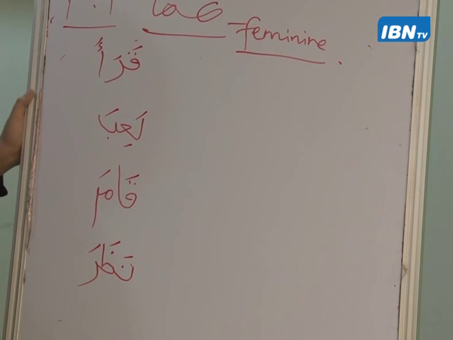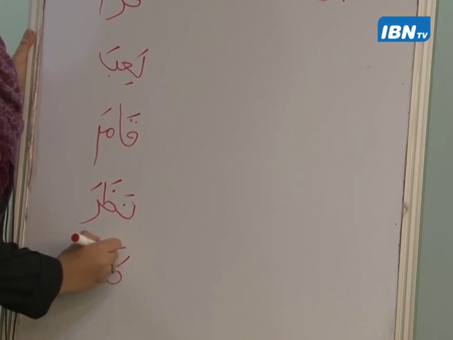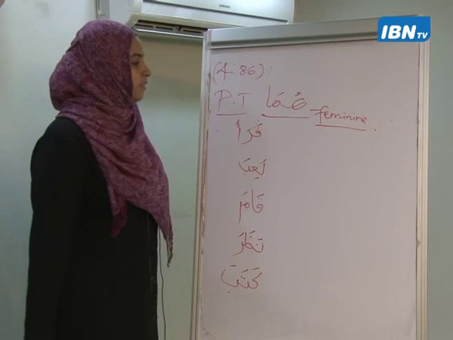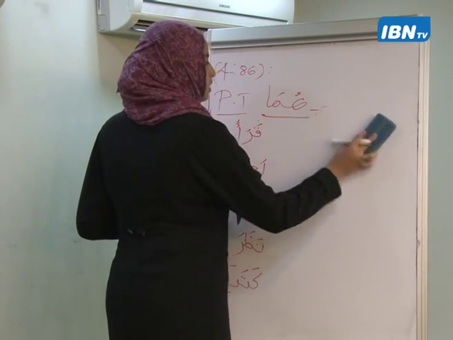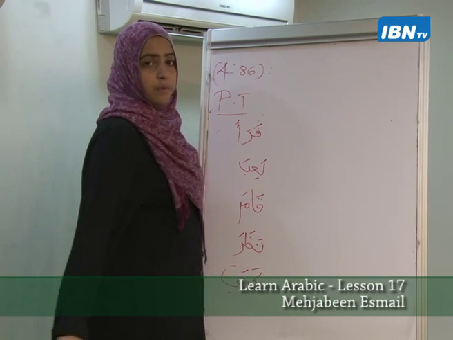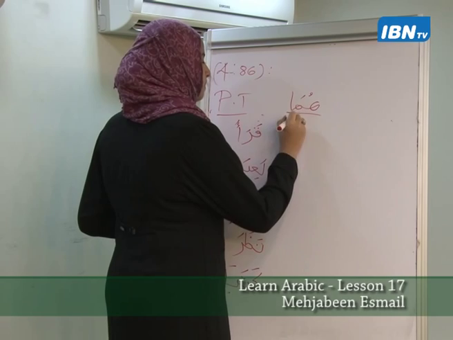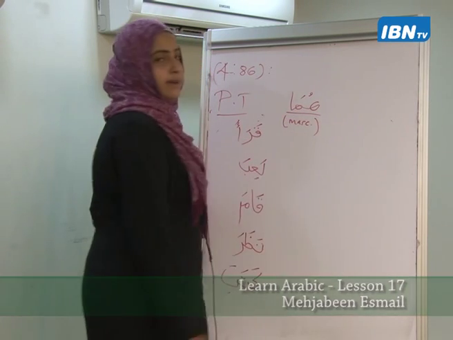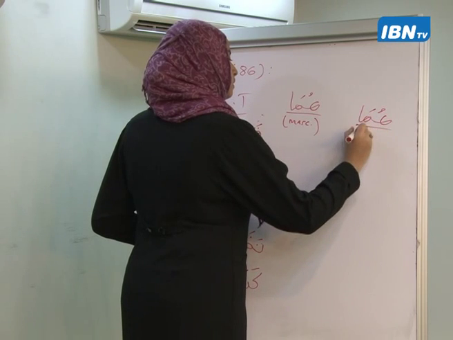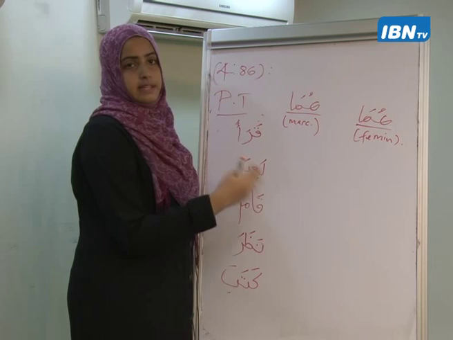Say I have kataba. Right. Now you're going to change this for huma. You're going to give me the tenses, but in the form of huma masculine and huma feminine.